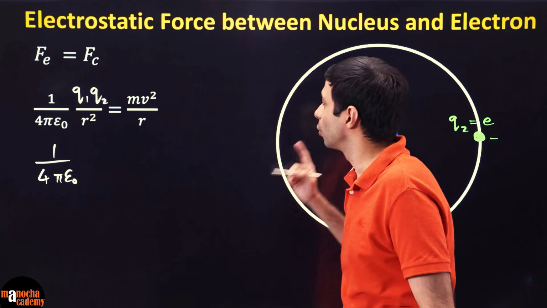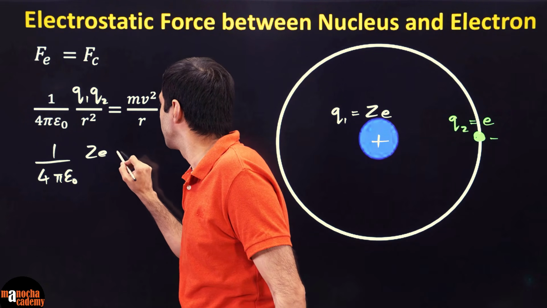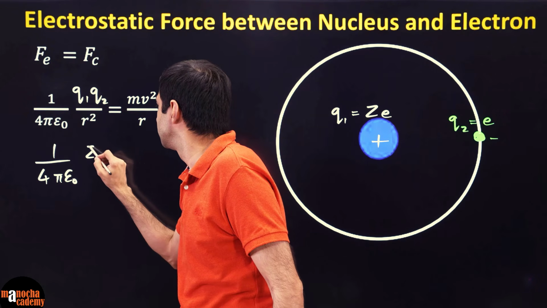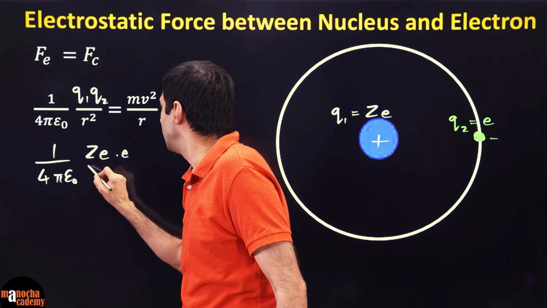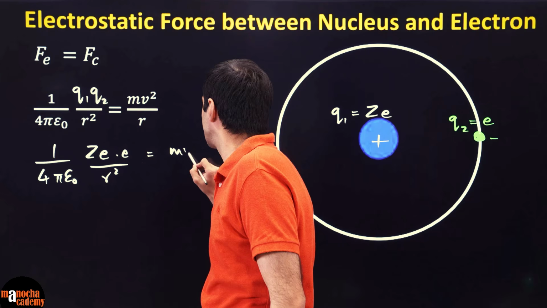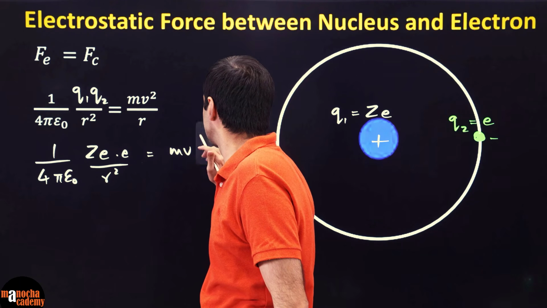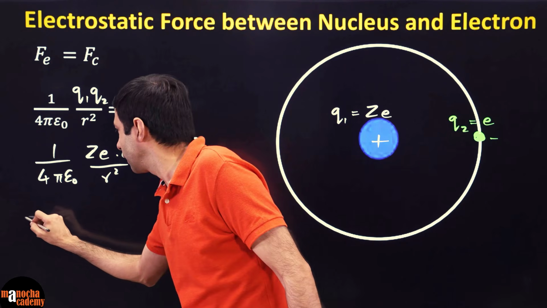For Q1, I'm going to put Ze, and for the electron, I'm going to put e. So Ze multiplied by e divided by r square equals mv square by r, the centripetal force. Now let's simplify this.